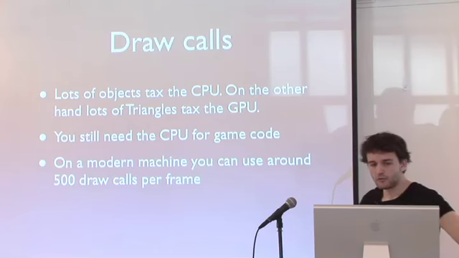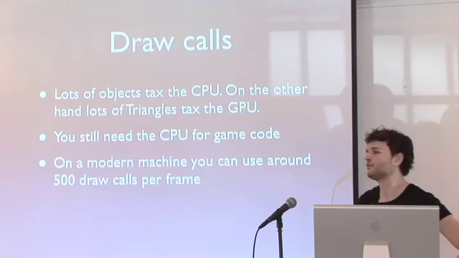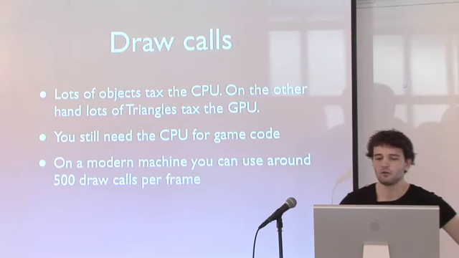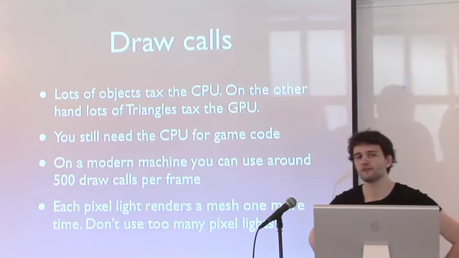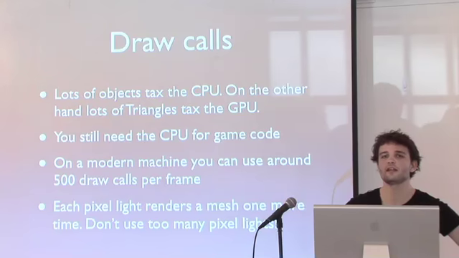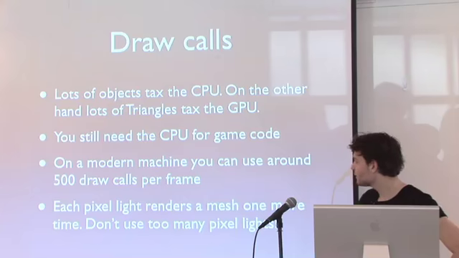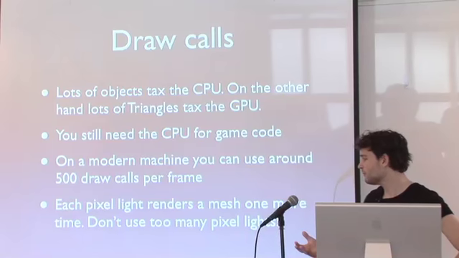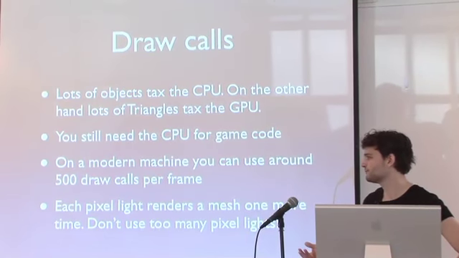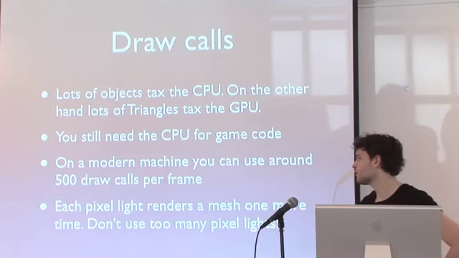So on a modern machine, you have around 500 draw calls per frame. So the question is, what is a draw call actually? Because it is not the number of objects in your scene that are being rendered. Because if you, for example, have a pixel light in your scene, then that object has to be rendered twice. If you have 3 pixel lights affecting one object, then you have to render it 3 times.